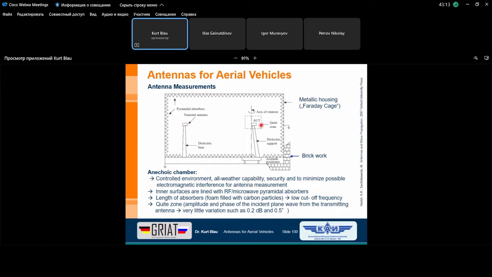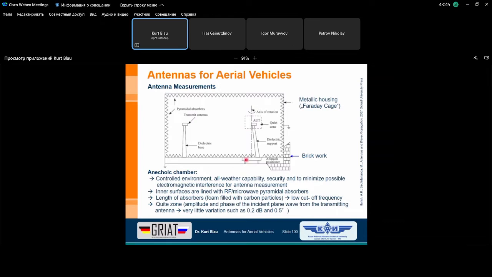And so around the antenna under test we have a special area which is named the quiet zone. It's not a special space inside the room. It's only determined by the given maximum errors which are allowed regarding the magnitude and the phase differences to the ideal case.